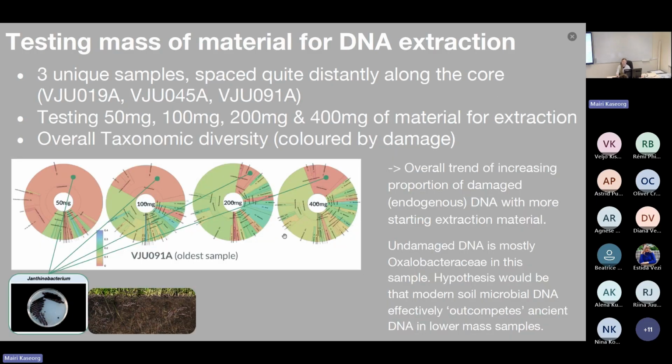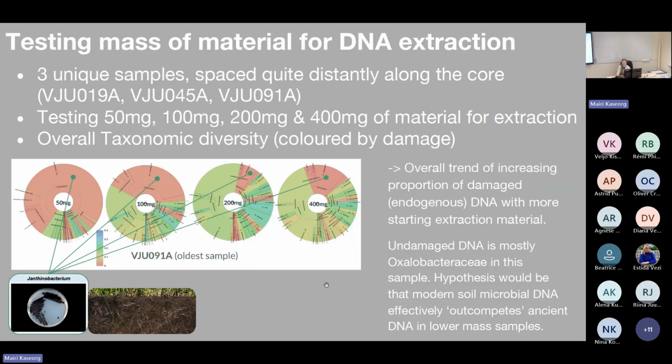One thing is that this pink stuff is mostly coming from one taxon of bacteria that is very common in soil. So it is probably just contamination from the modern soil while sampling.